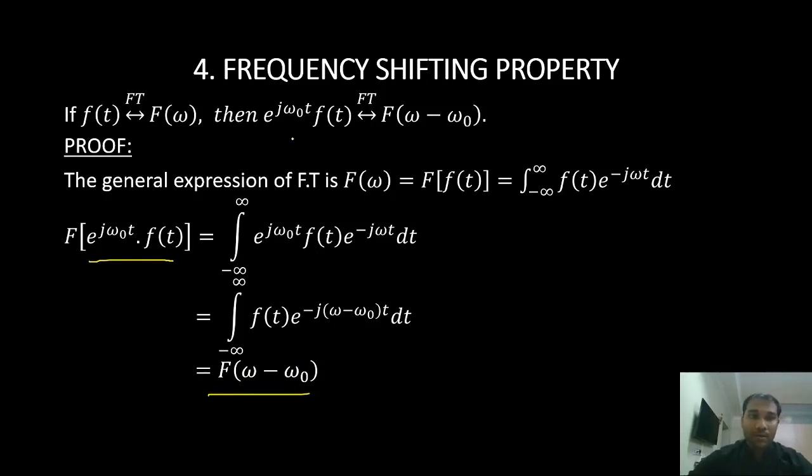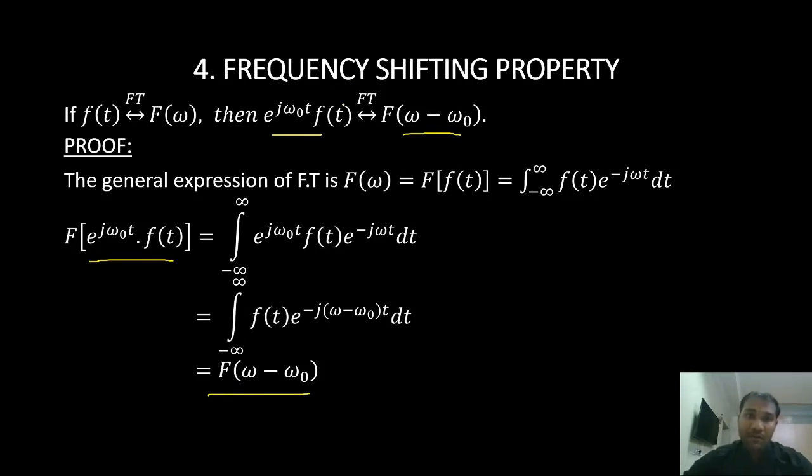So what did we see in the last two properties? Shift in the time domain signal results in phase shift in the frequency domain. Now in this property, shift in the frequency domain signal results in phase shift in the time domain signal. So what can we say?